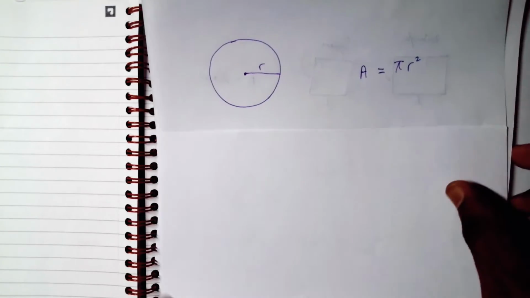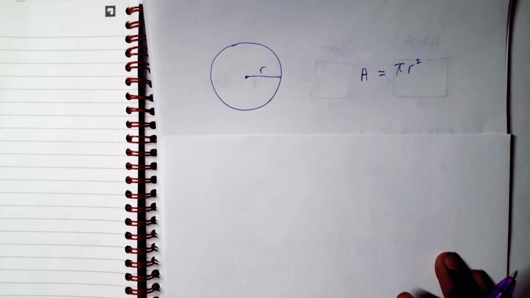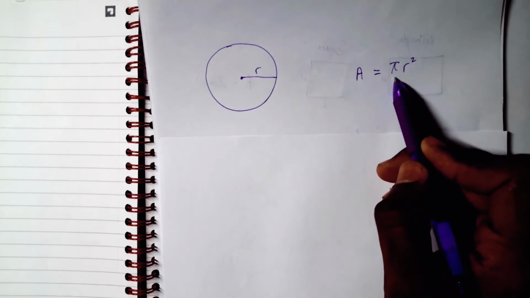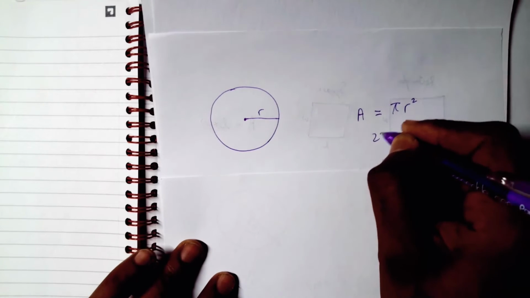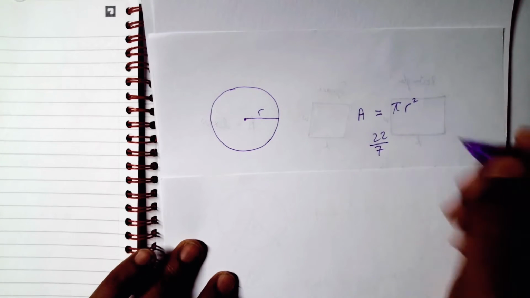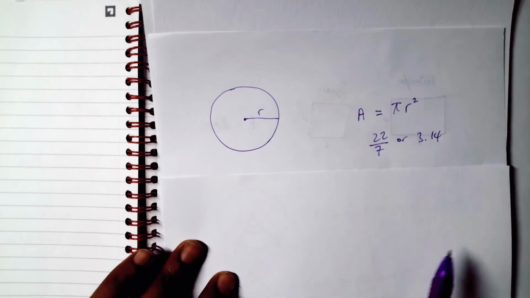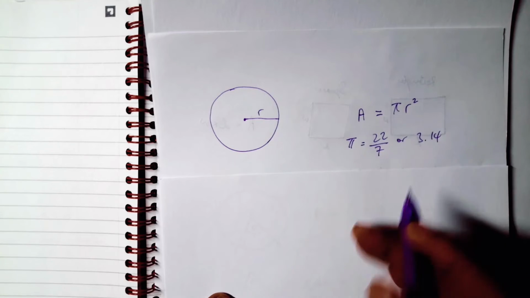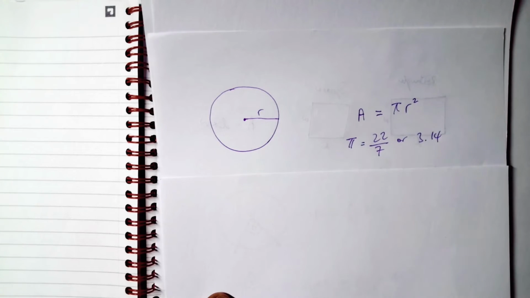So now we find the area of a circle. Area of a circle is pretty easy, right? Pi. What is pi? Pi is 22 over 7, or 3.14. That's pi. And r is the radius. Squared is when you multiply it by itself.